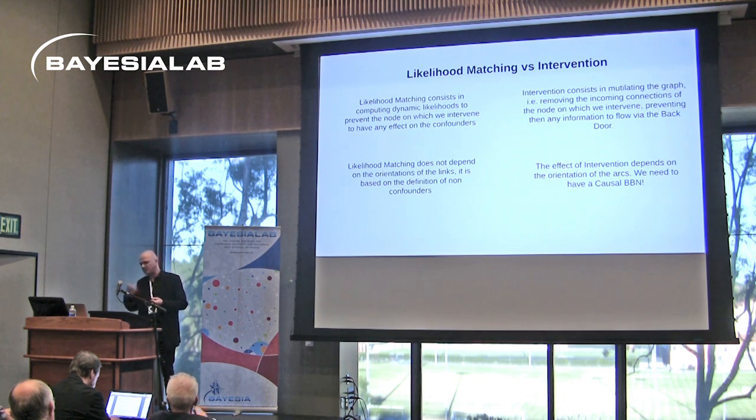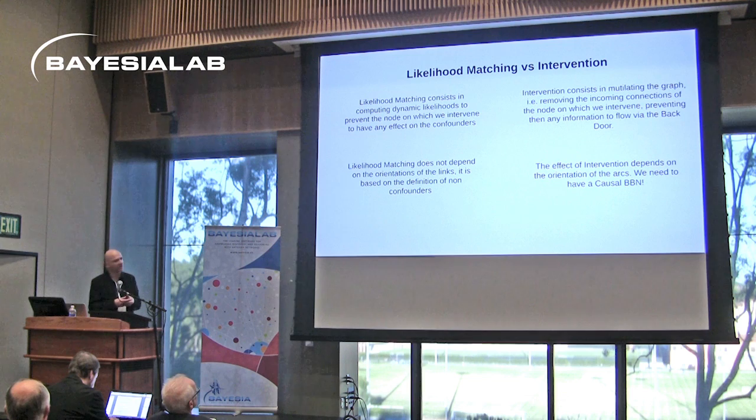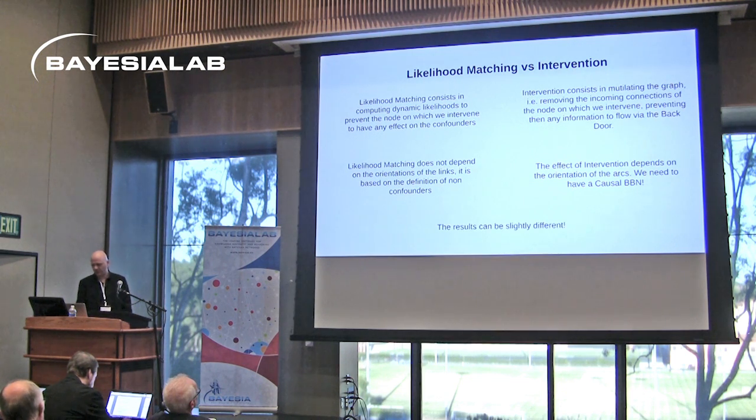So in order to define the backdoor criteria, we need to know what the incoming links are. And if the link is X to Y, or Y to X, it will not have the same consequence, right? So this is really working only on the causal BBN. So you have to be sure that your links are in the correct direction.